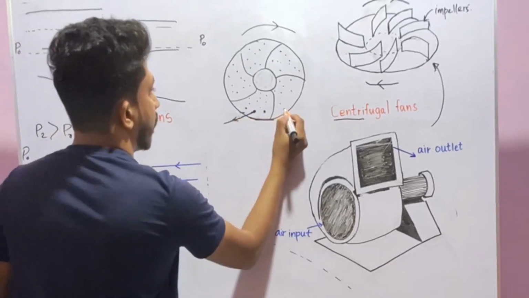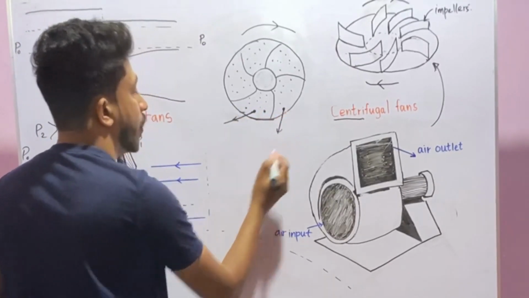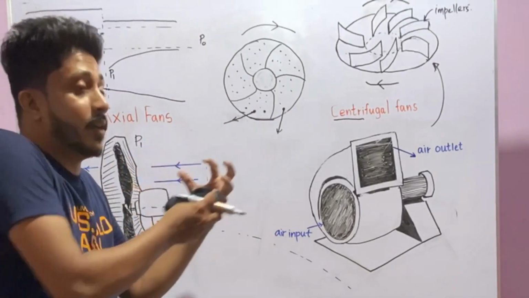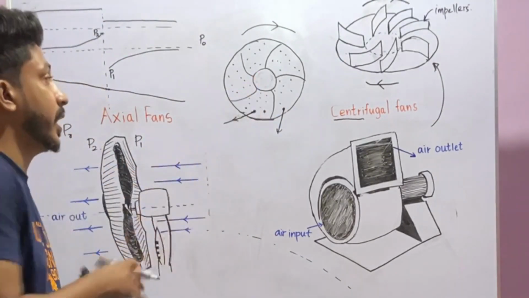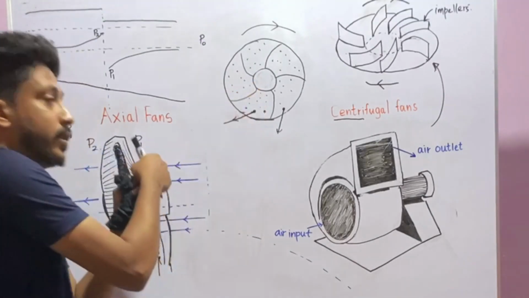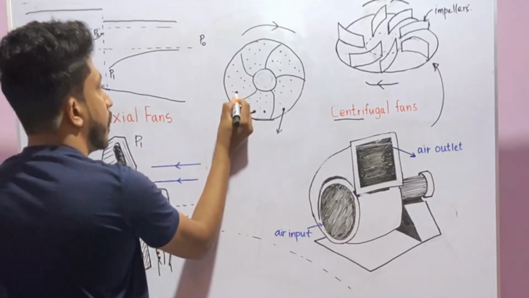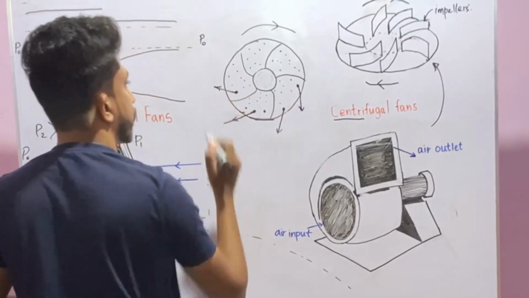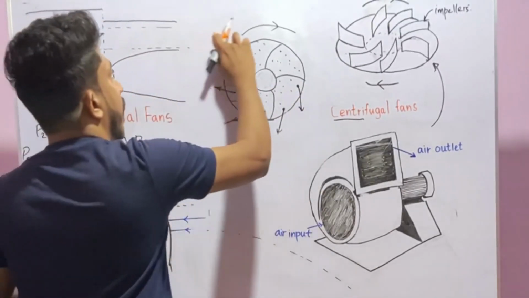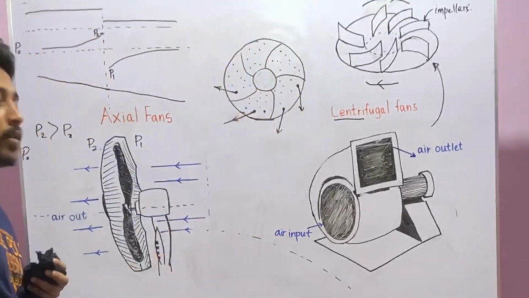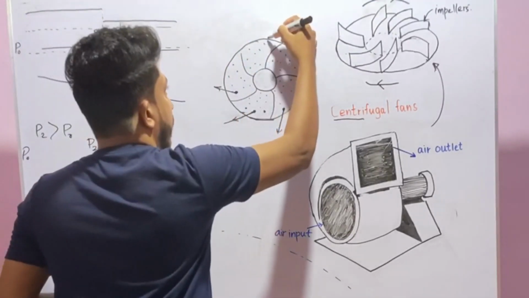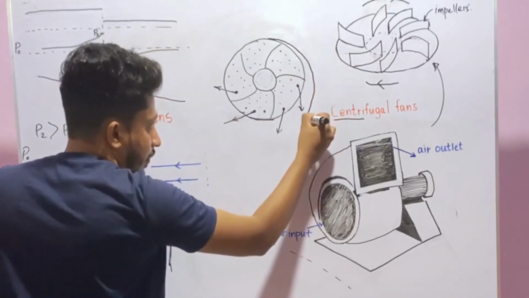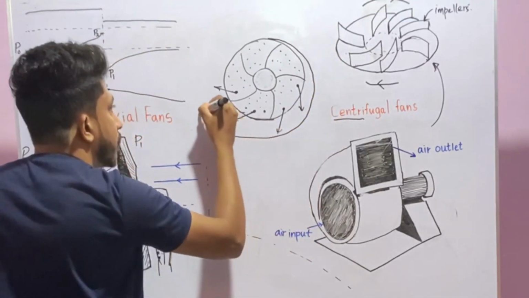They are moving like this because due to the centrifugal force they feel a force away from the center. Because of that, they will leave this disc like this, and we are building a casing to collect that air.